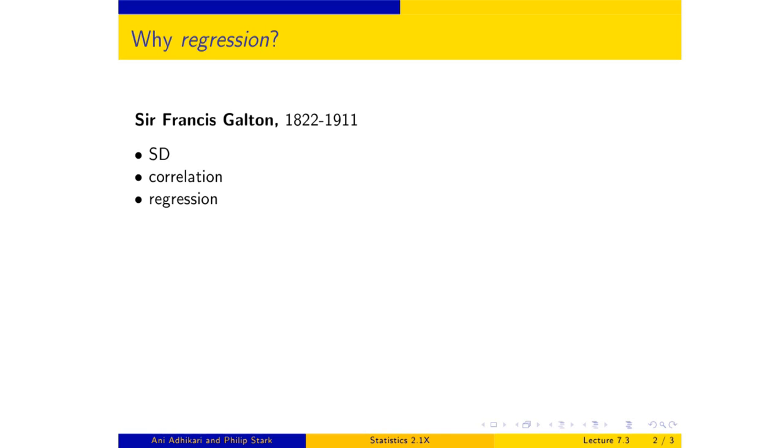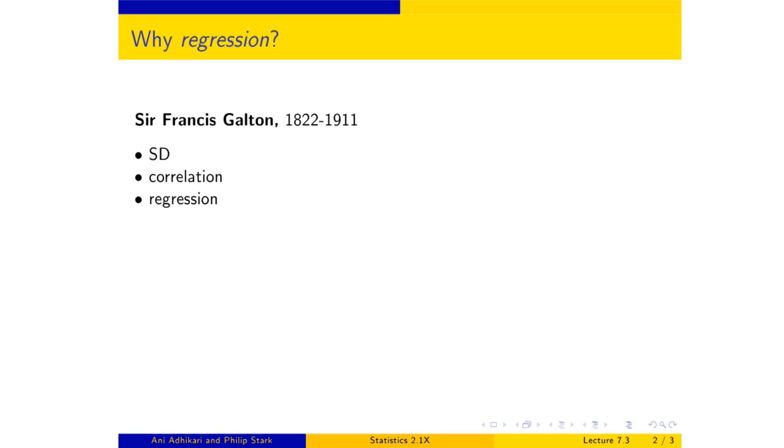The SD, the correlation, he didn't invent that, but he certainly figured out how to use it, and this method of regression is entirely due to him. Why? Because he was a eugenicist. Eugenics is this idea of breeding Superman, which is, in my view, a diabolical idea and really has no place in the world. Well, that's my personal opinion.